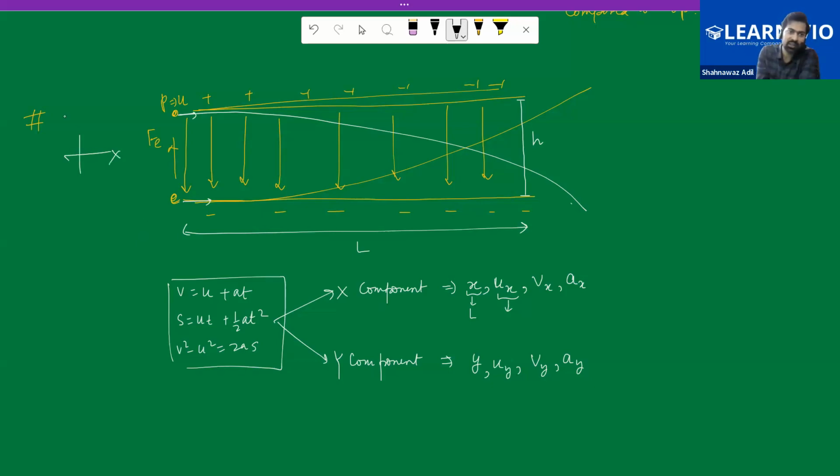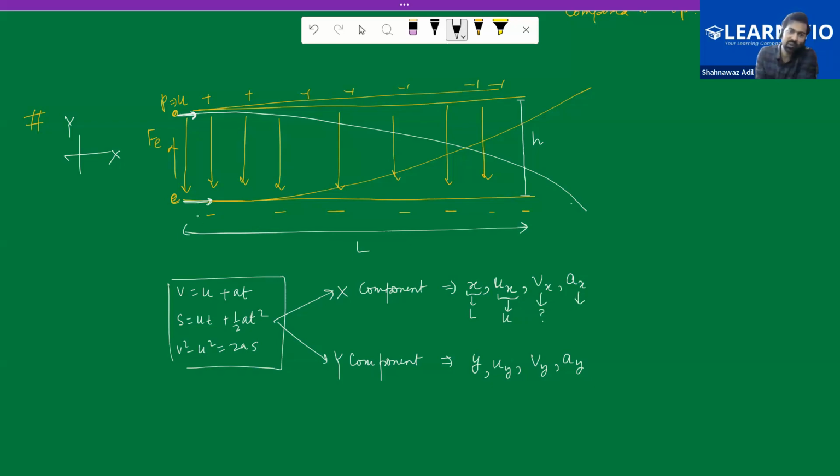This is X, this is Y. So what would be the Ux velocity? You are only providing initial velocity in this one direction. So this is U, right? There is no vertical velocity. So Ux is U. Vx we want to find out.